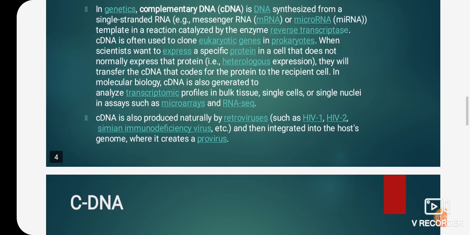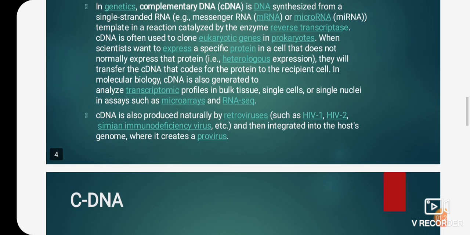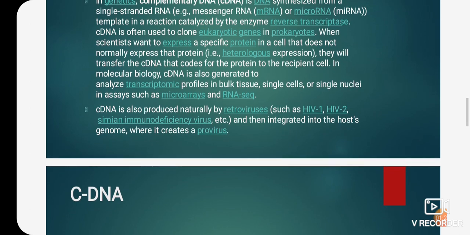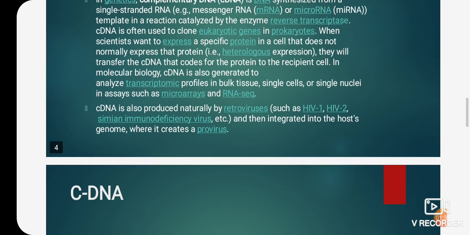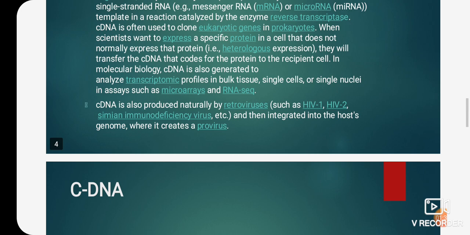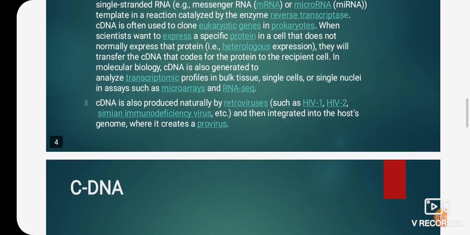When scientists want to express a specific protein in a cell that does not normally express that protein, that is heterologous expression, they will transfer the cDNA that codes for the protein to the recipient cell.